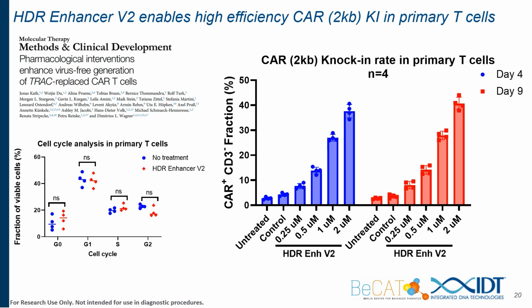And then on the left-hand side of the graph in the corner at the bottom, we also looked at cell cycle analysis and measured the fraction of viable cells at different steps in the cell cycle and compared cells that were untreated and cells that were treated with the HDR enhancer and found no significant differences in the viability of these cells at different cell cycles. So this is a good demonstration of the use and utility of HDR Enhancer version 2 that enables high efficiency CAR knock-in with very little effect on the cells themselves.